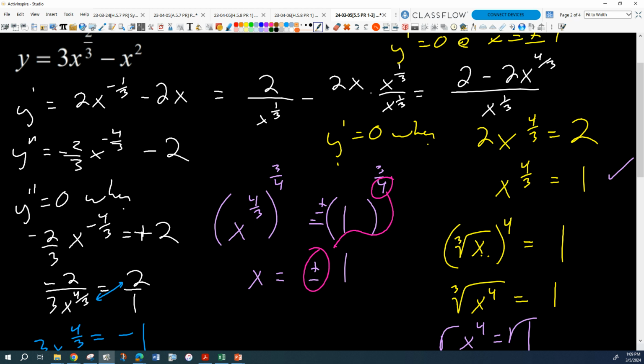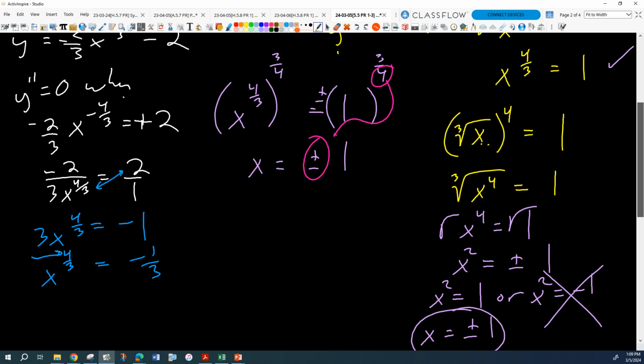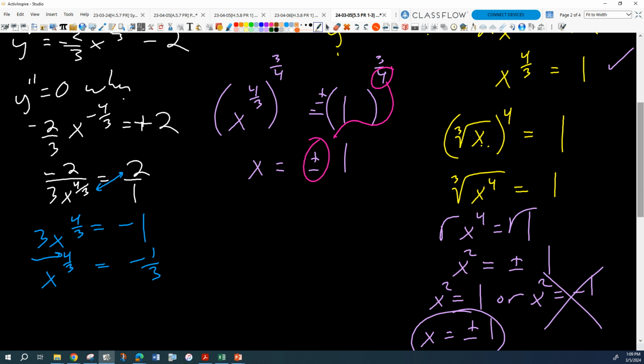Okay. How about the second derivative? When we took the second derivative and we wanted to show that it had no zeros, how do we know that this is going to have no zeros? Remember when we solved for x to the 4/3? We got x to the 4/3 equals a negative.